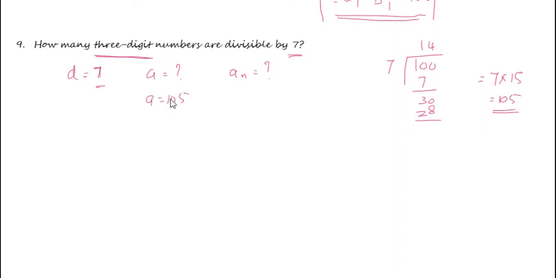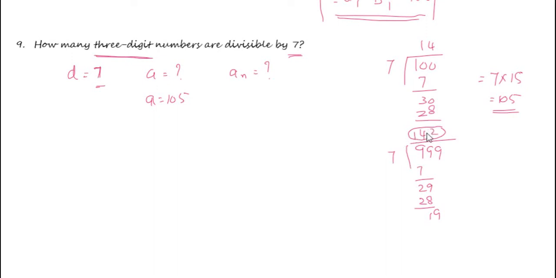We got that. Now we need to find out An. The last 3-digit number is 999. Let us divide this also by 7. 7 1s are 7, 29, 28, 19, 2. So this is the quotient. If it becomes 143, then if I multiply by 7, that will be a 4-digit number.